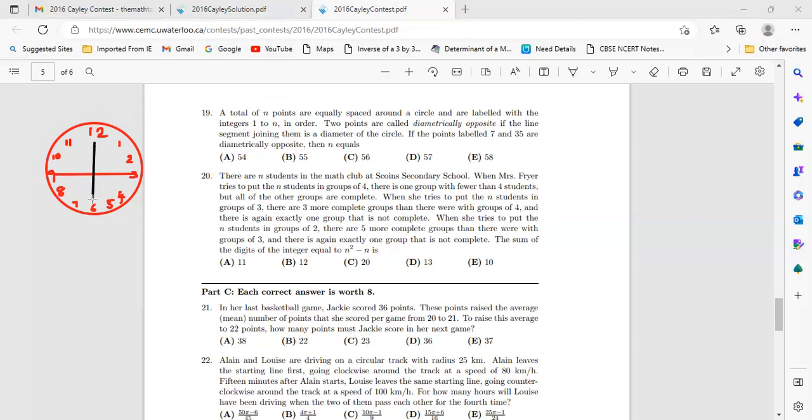And also we can say this one is the diameter of the circle. If you're going from 4, it should connect to 10, right? If you're starting from 5, it goes to 11. It goes on like that.